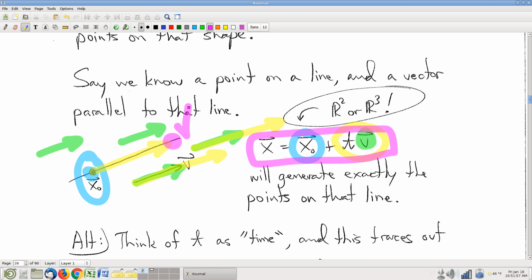So this construction, x naught plus tv, if x naught is on the line, if v is parallel to the line, x naught plus tv will always be a point on the line. Cool? Therefore, this is a point generator.